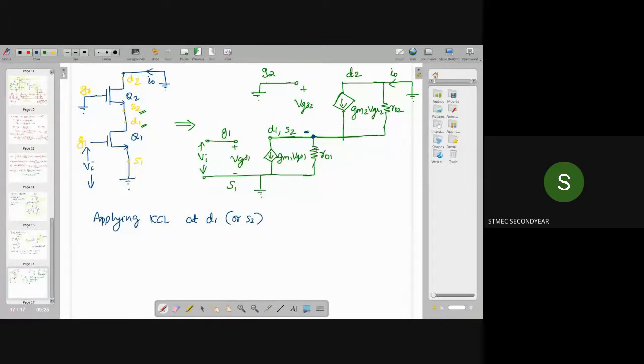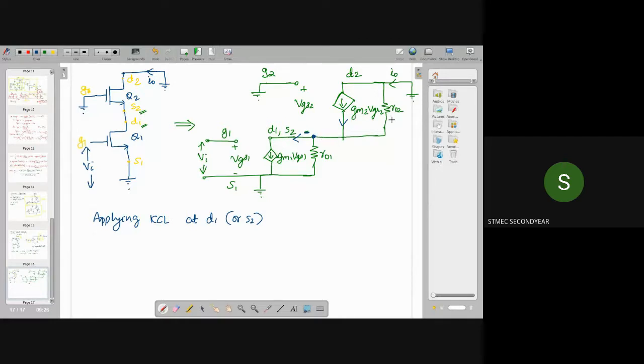Before applying KCL, we can see which currents are leaving and entering the junction. Here we will have gm1 into VGS1 leaving the junction, and gm2 into VGS2 entering the node.